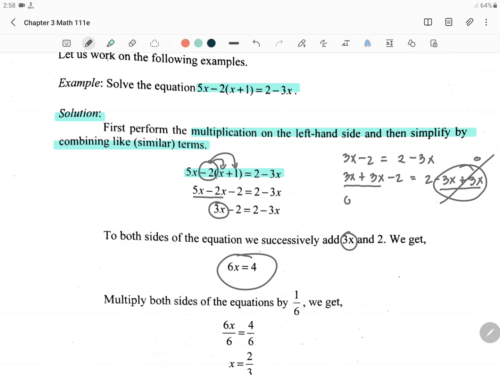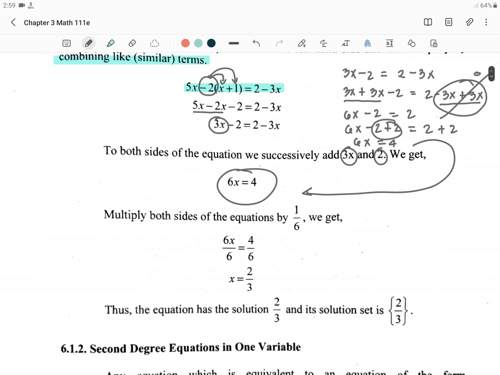So, we have 6x minus 2 is equal to 2. Then now, ito namang 2 yung i-add natin sa magkabilang side ng equation natin. So, 6x minus 2 plus 2 is equal to 2 plus 2. So, if we try to combine that one, makakakuha tayo ng 6x. Ito canceled, 0 na yan. Is equal to 4, which is similar to what we have there.